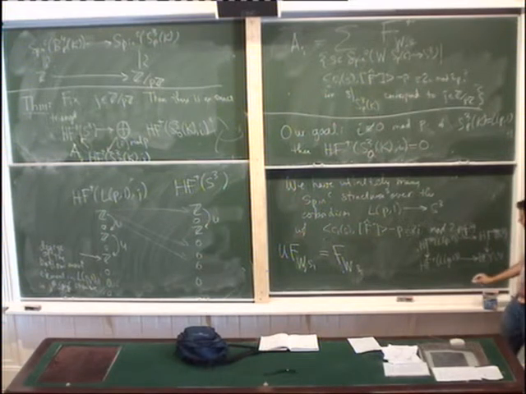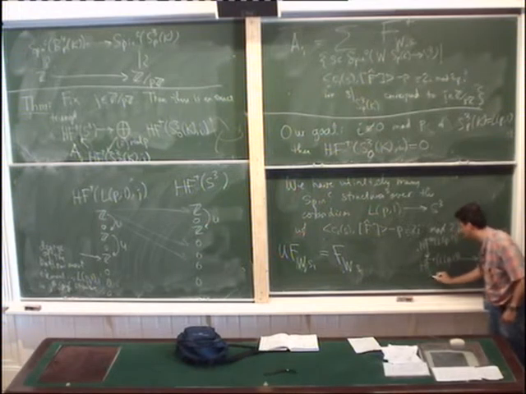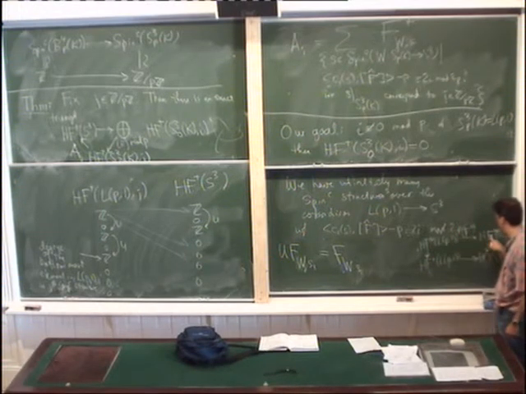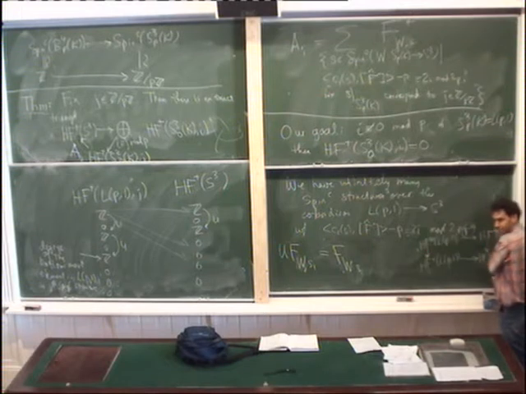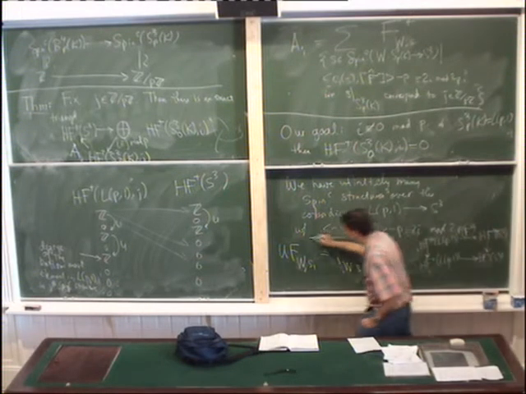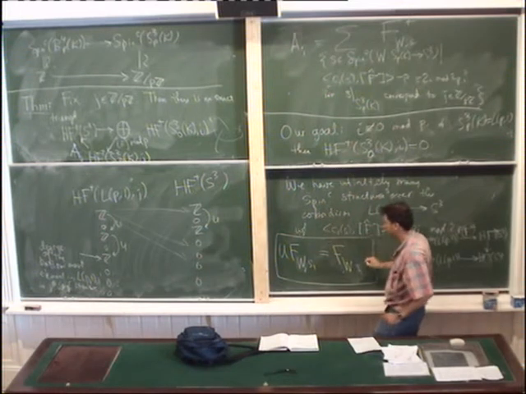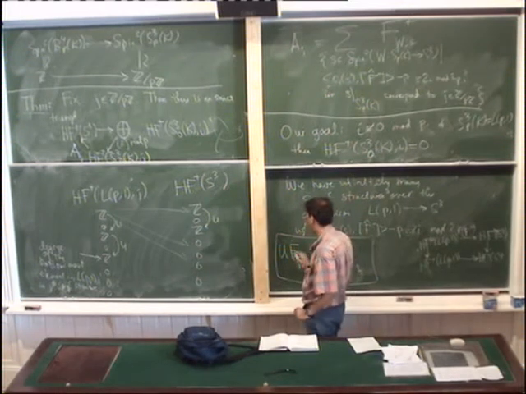So if I have some element Xi over here, I look at its preimage up here, map it over here, and map it down to here. If I took a different spin C structure, I would just be multiplying by a different U power. So all these various maps just differ by U powers.